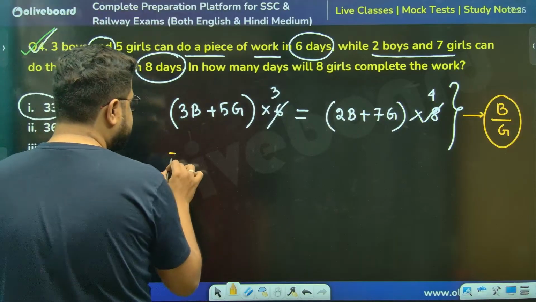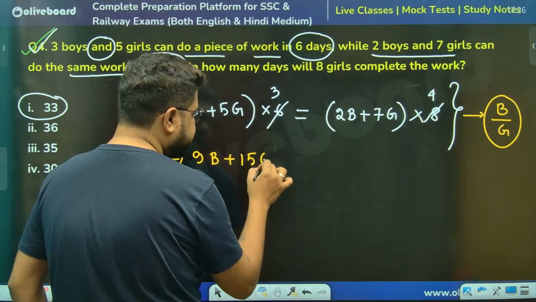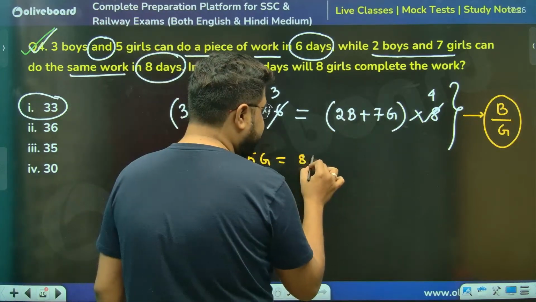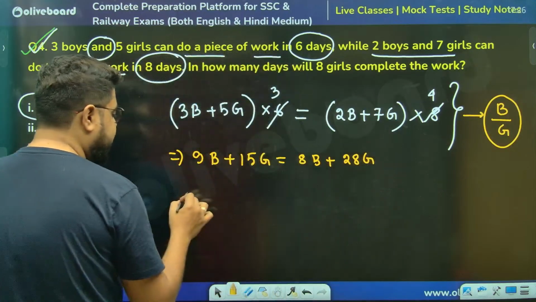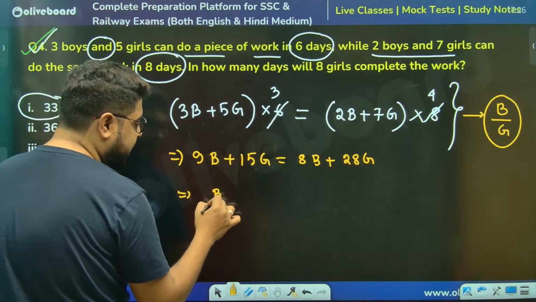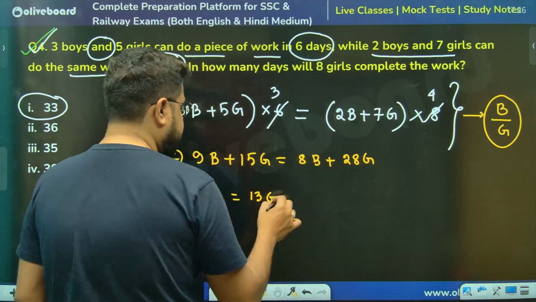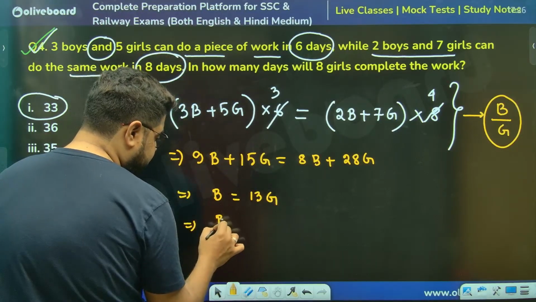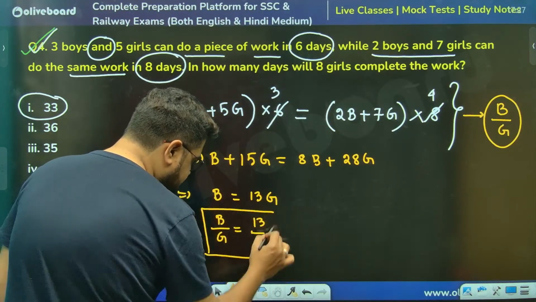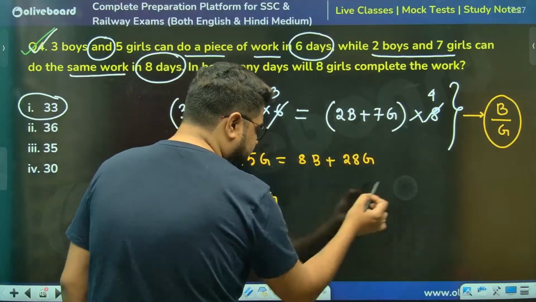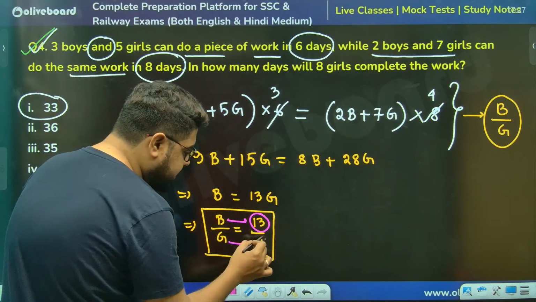So let's calculate. 3 3s are 9B plus 15G. It will be 4 2s are 8B plus 14, say 28G. Take B to one side: 9B minus 8B is 1B, and this will go this side, that will be 13G. So B by G is 13 by 1. Meaning one boy does 13 units of work every day, and one girl does 1 unit every day.